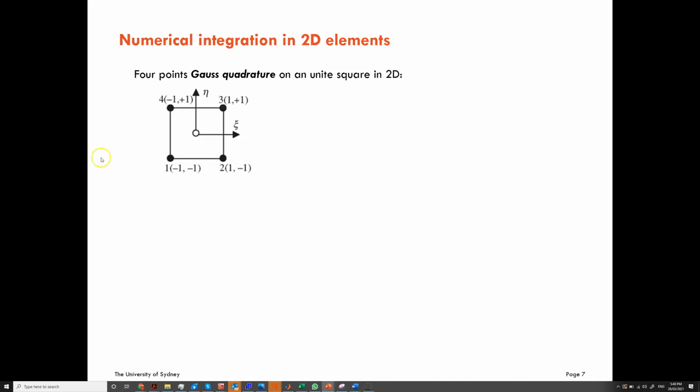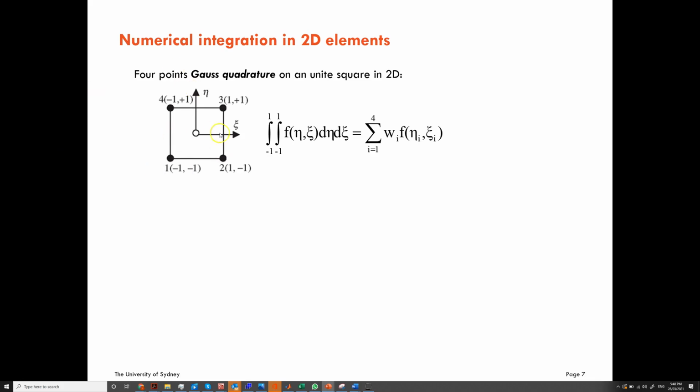In 2D, you have here the master element for quad 4, and we need to find the Gauss points. After we find them, we can use 3 Gauss points or 4 Gauss points. It is usual to use 4 Gauss points.